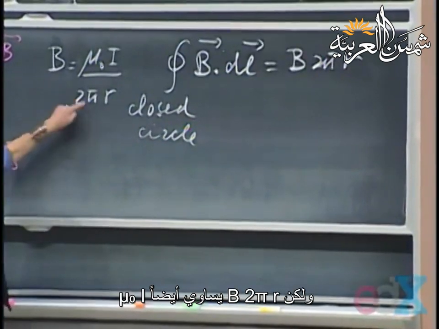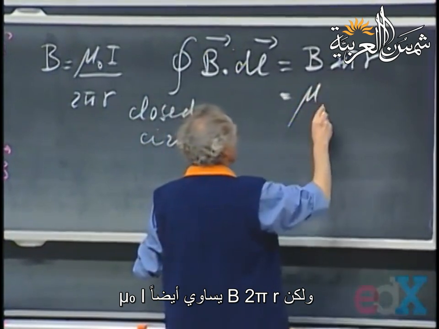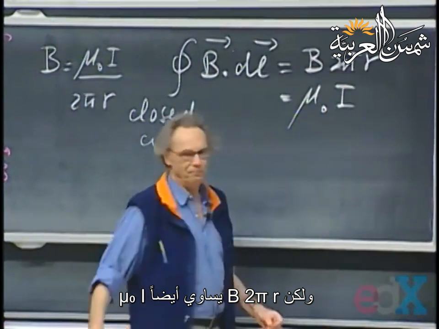But B times 2 pi r equals also mu 0 times I.